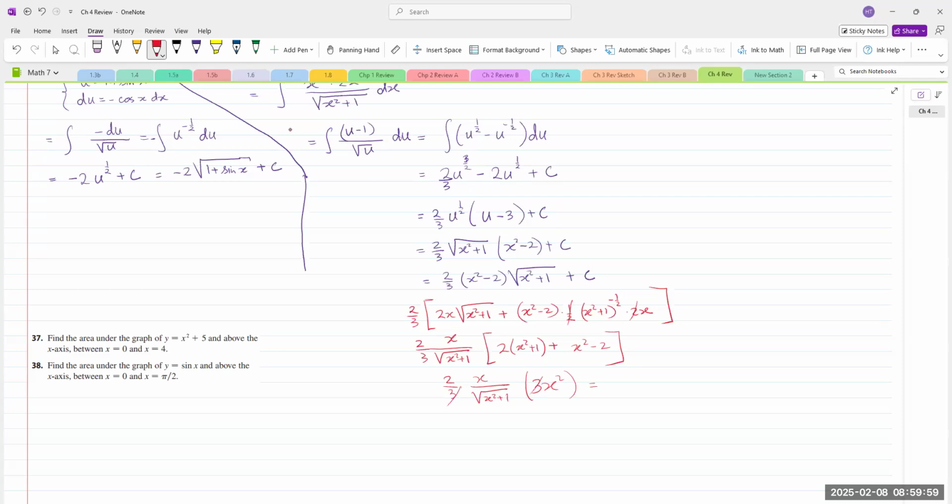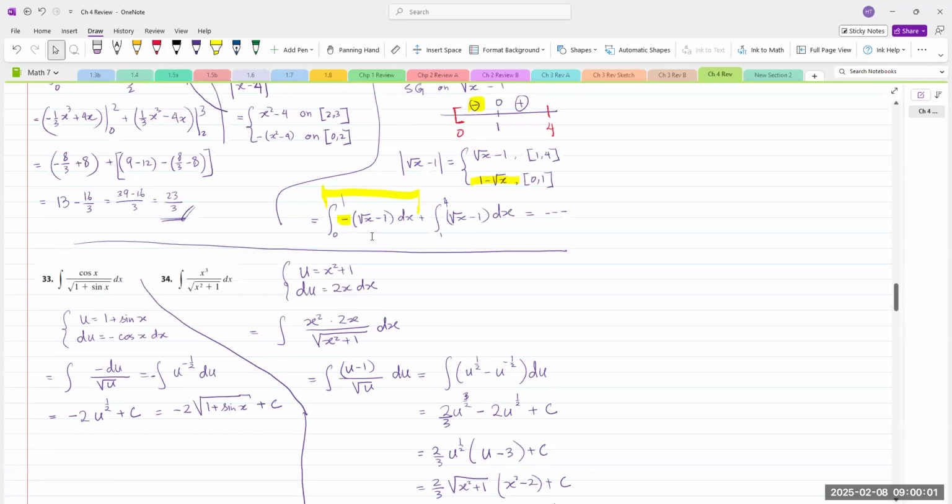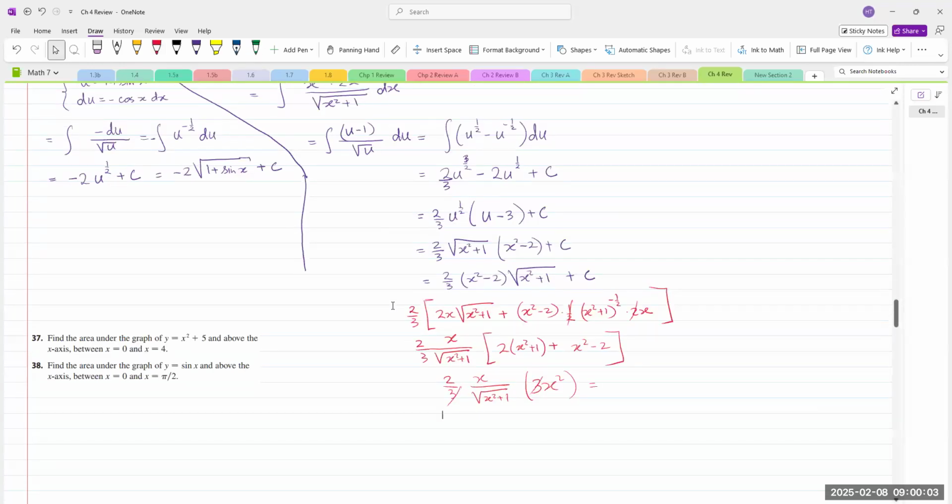Where's the 2 from? No, I don't have 2. I have x cubed. Am I missing something?